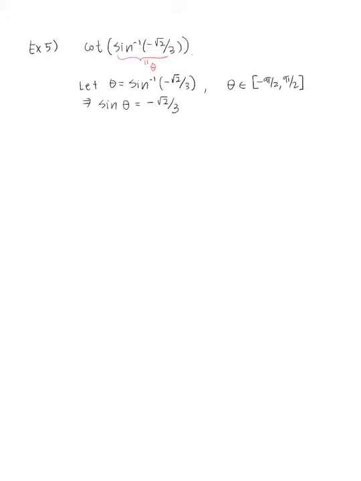Okay, so let's do the same thing. Sine is opposite over the hypotenuse. And notice that sine of theta is negative. Let's determine where the sine is negative. I'm pretty sure you figured that out already.